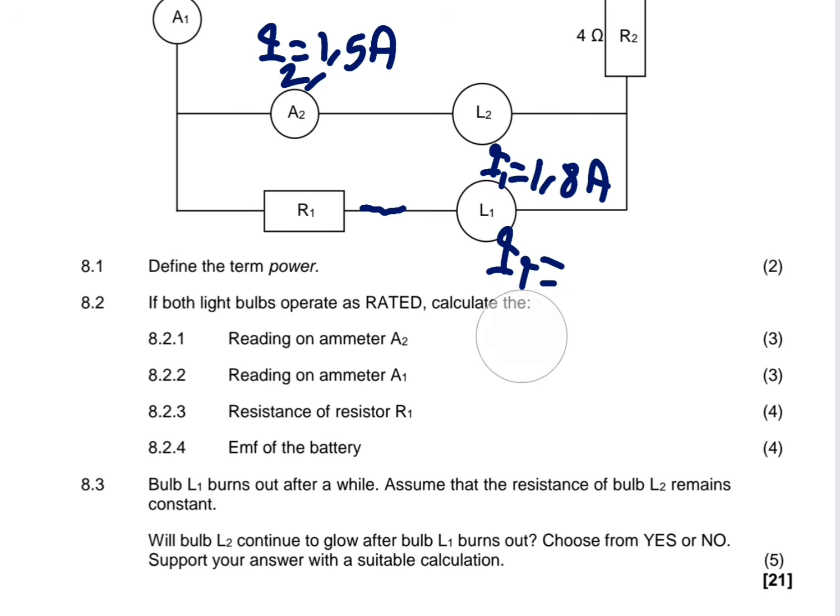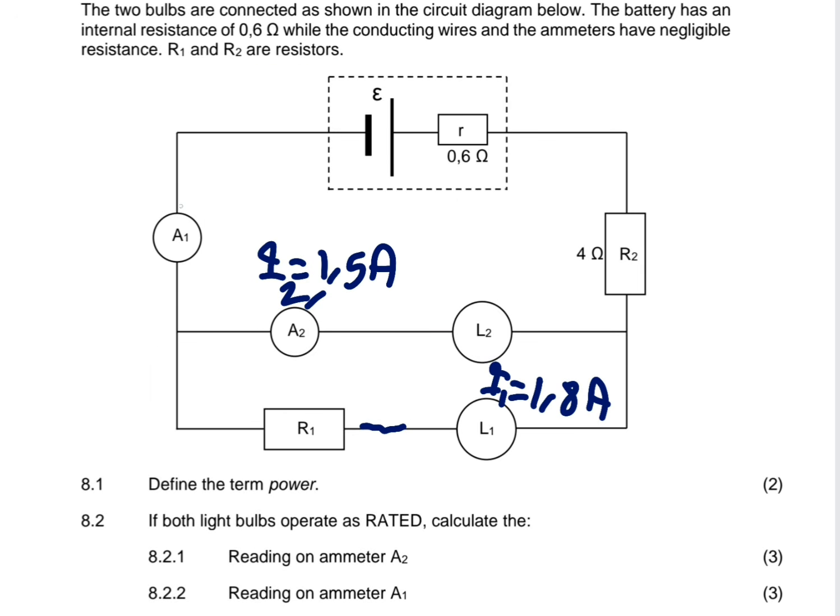Okay, now we know the total current coming out of here is I equals 3,3 amperes.